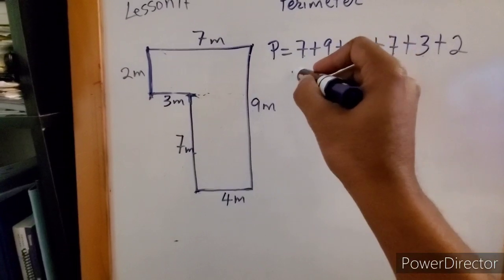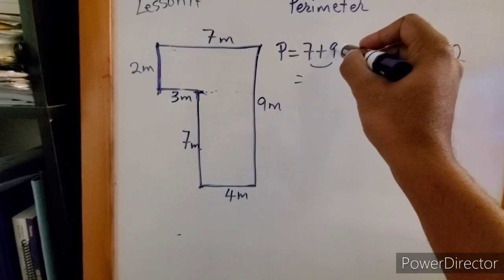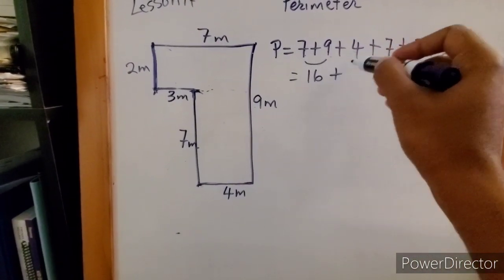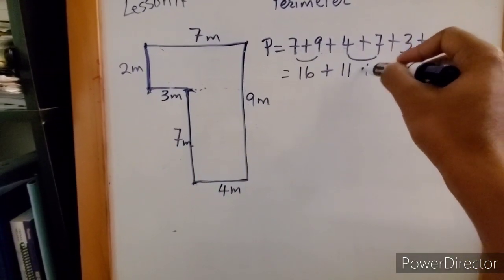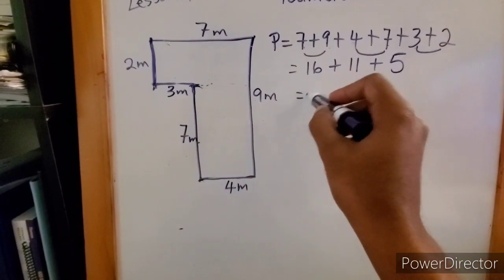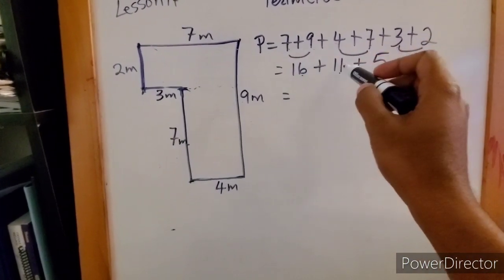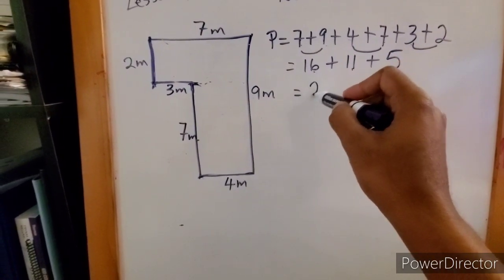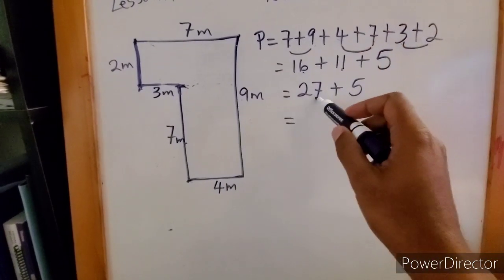Let's go ahead and add them all up. 7 plus 9, 9 and 1 make 10 and leaving 6, so that's 16, plus 4 plus 7 is 11, plus 3 plus 2 is 5, equal 16 plus 11. The 16 plus 10 will give you 26, plus 1 is 27, plus 5 equal 27.